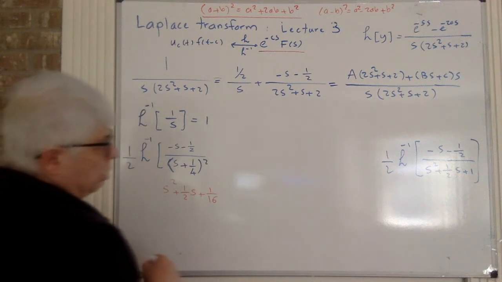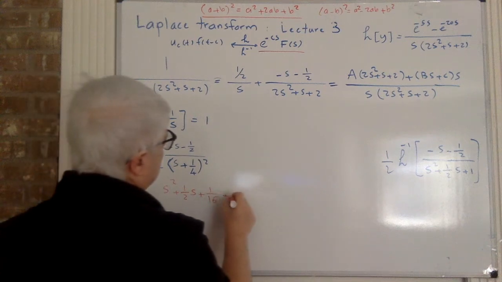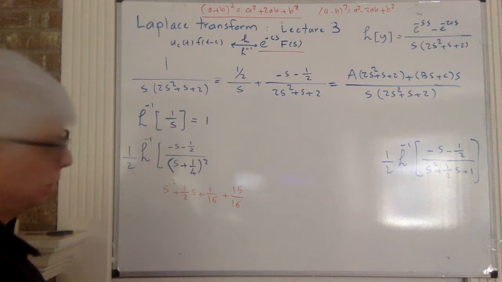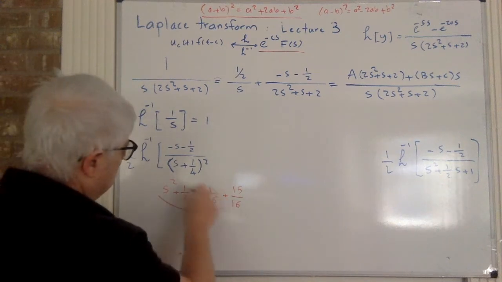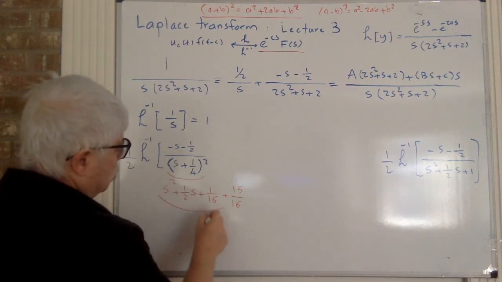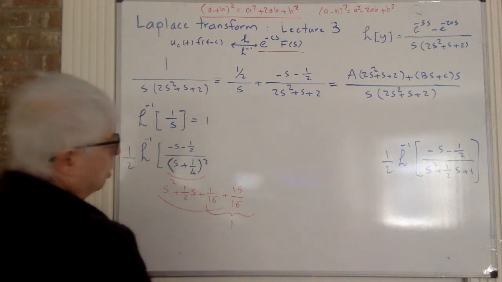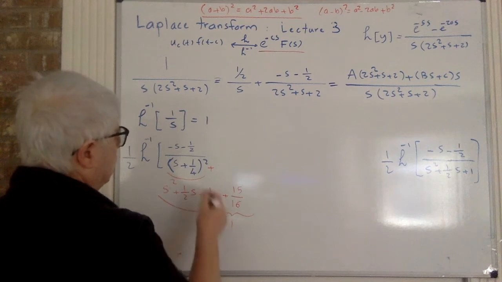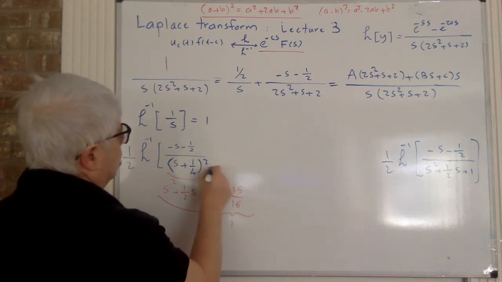So what remains is in fact 15/16, right? So this is this, and this is what remains because this is 1. So I have to write plus 15/16. That's how you complete the square when you're dealing with this.